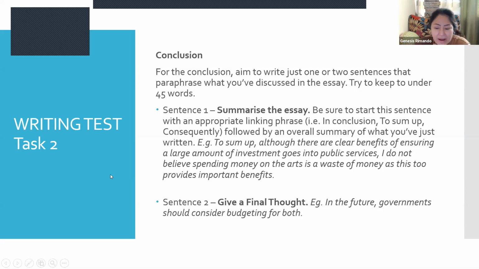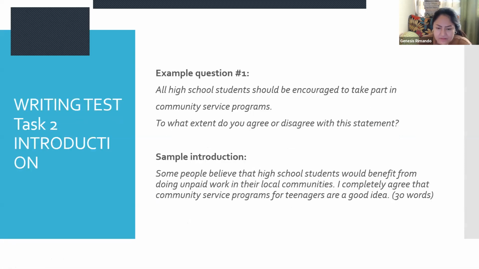So for this: to sum up, although there are clear benefits of ensuring a large amount of investment goes into public services, I do not believe spending money on the arts is a waste of money, as this too provides important benefits. So that's the conclusion. In the future, she put another goodbye line: government should consider budgeting for both. So she said there should be a balance between spending on amenities or infrastructure plus spending on the visual arts, right?